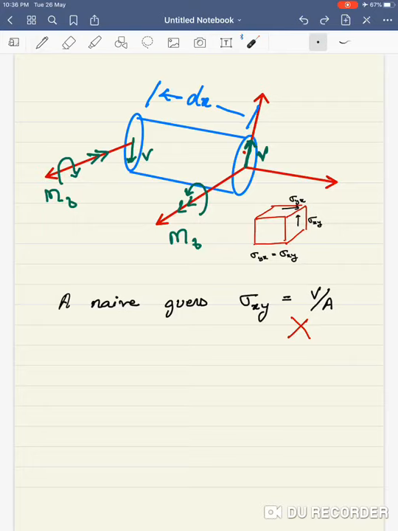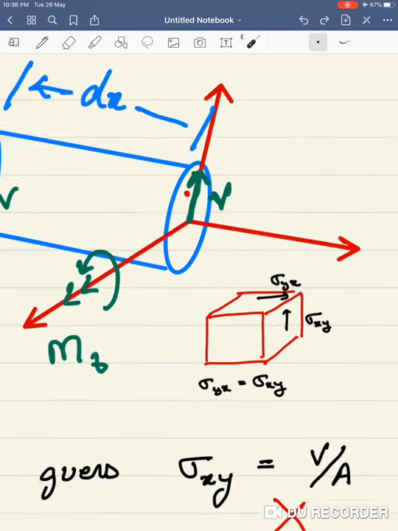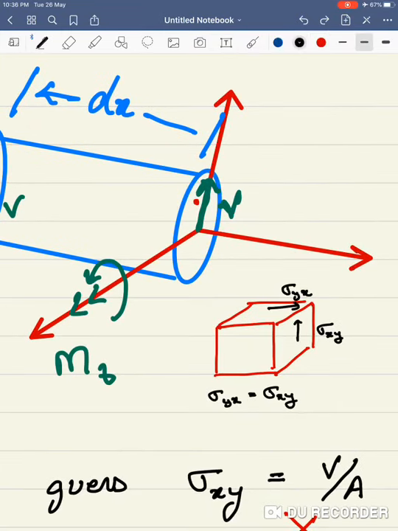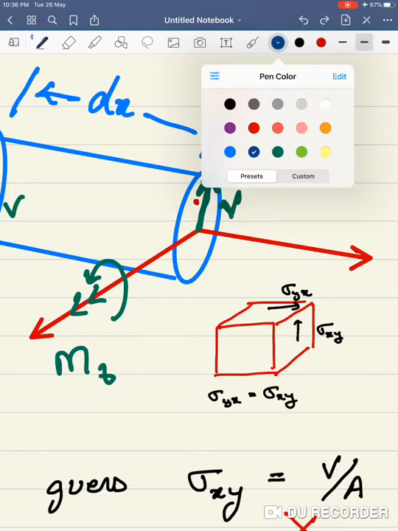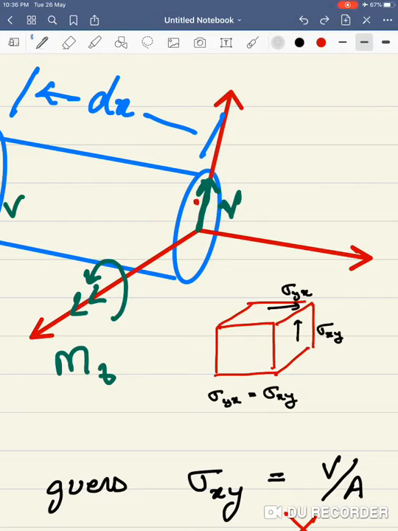Well, the easiest thing is to fall back on what we know best, which is force balance. Now to do a force balance on this, we will take an area here, and we will say that this area is A1.